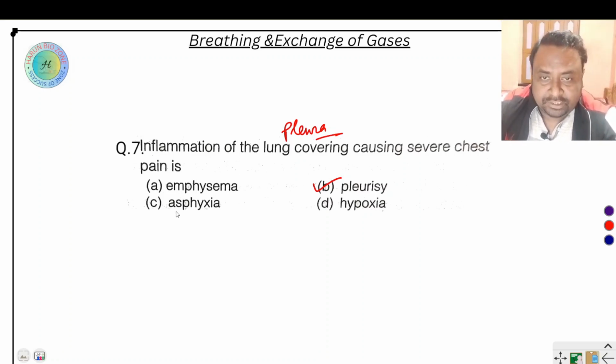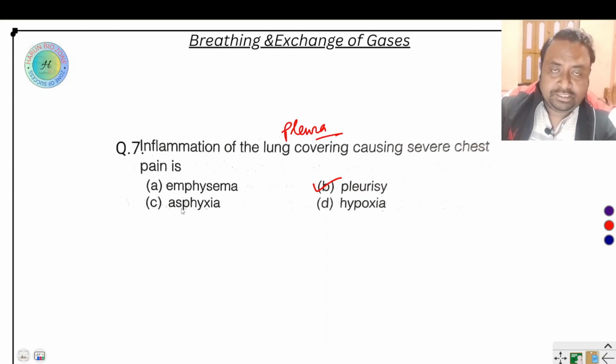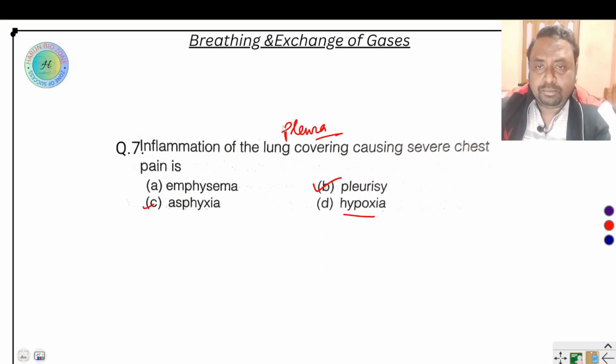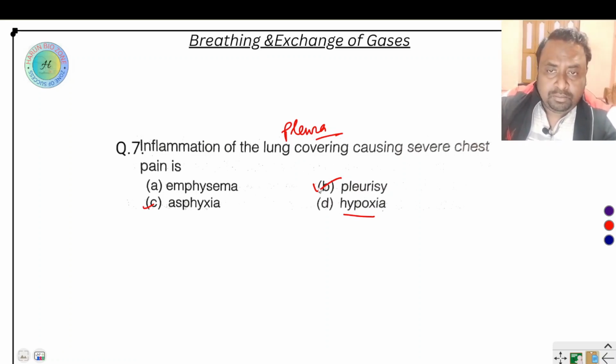Asphyxia is lack of oxygen, a critical condition. And hypoxia is low concentration of oxygen in higher altitude regions. So here the correct option is B.